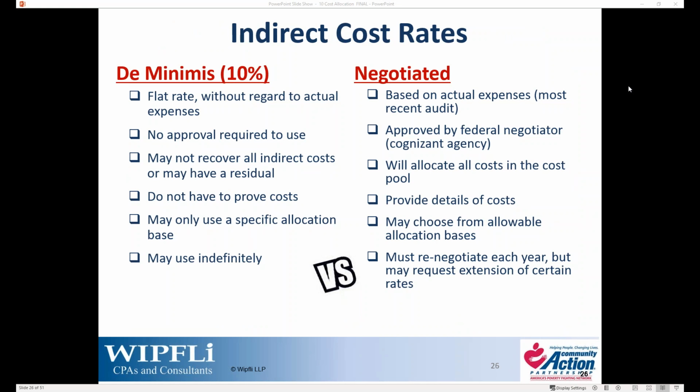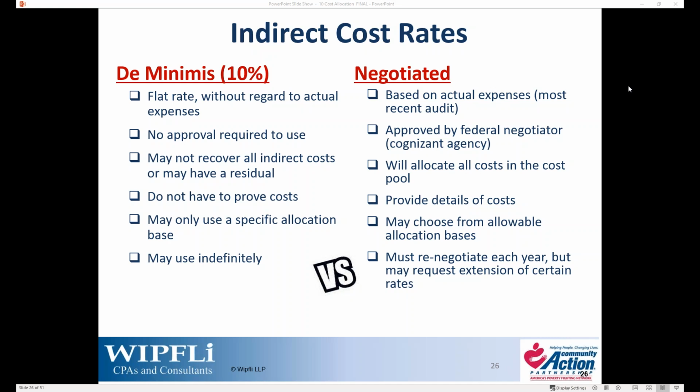So under the indirect cost rates, the difference between the de minimis rate and the negotiated rate. Let's talk about the de minimis rate first. This is a flat rate that gets charged to your programs without regard to actual expenses. So it doesn't matter what is in your pool. Your methodology to recover administrative costs is to charge everybody 10%.